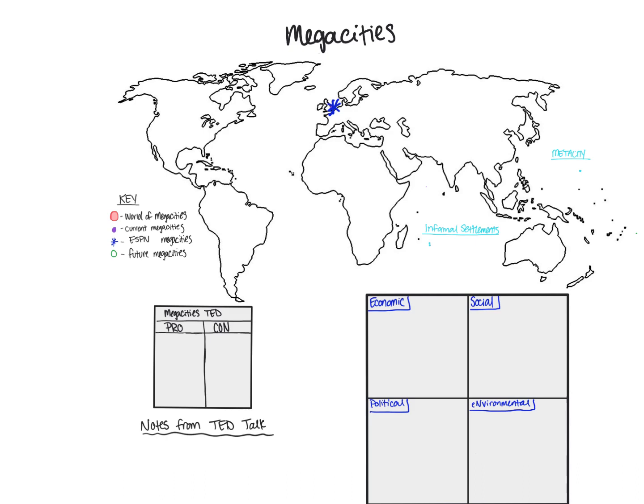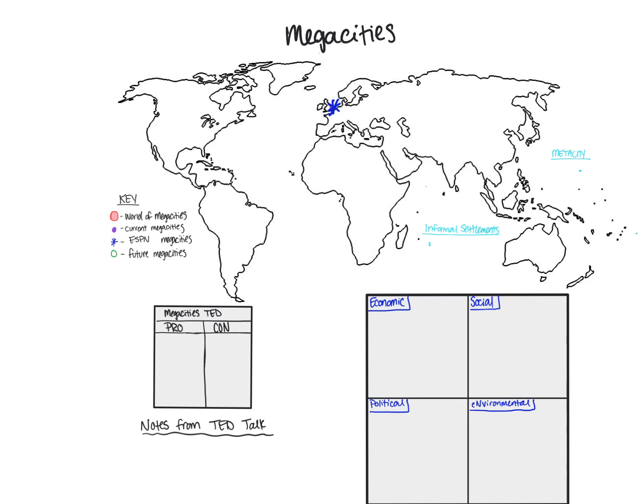You'll watch that quick Vox video about Spain and Barcelona with superblocks, and you will add that information back to your ESPN chart as well. So lots of things to do. It's only 6 slides that you're looking at, and actually it's only 5 because I took out slide number 2. You don't have to do that one.